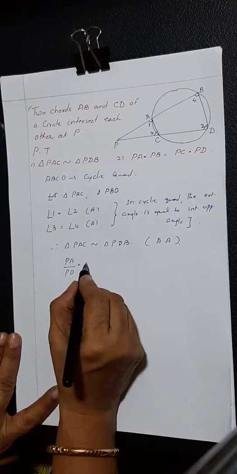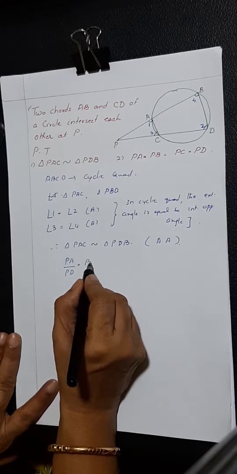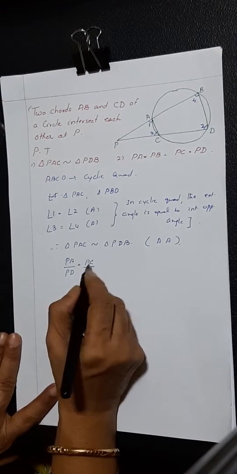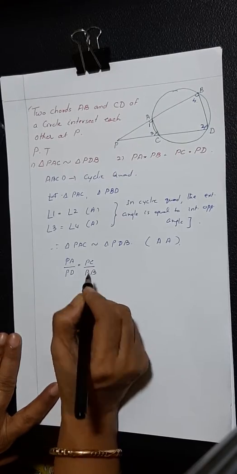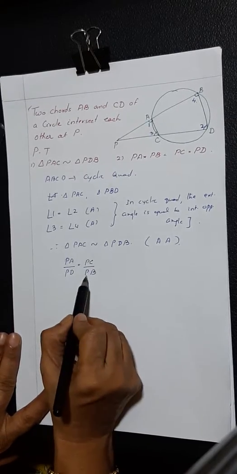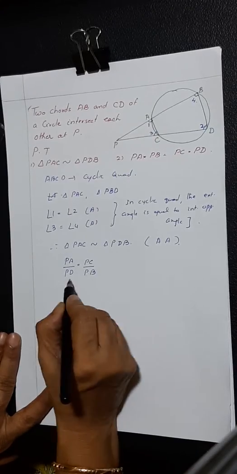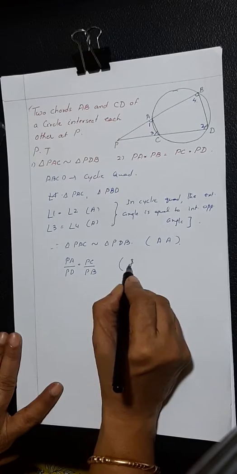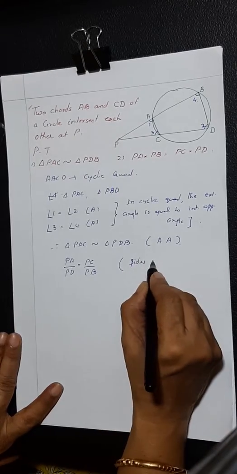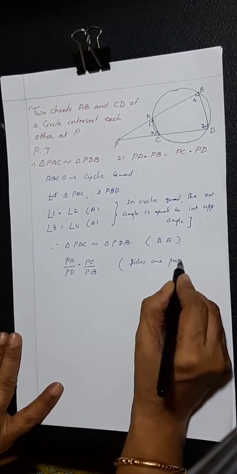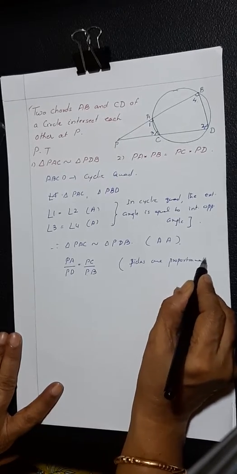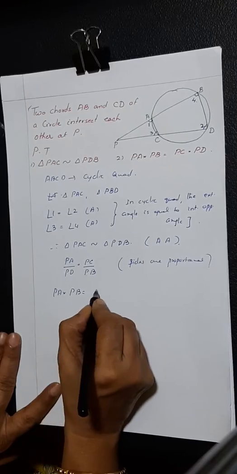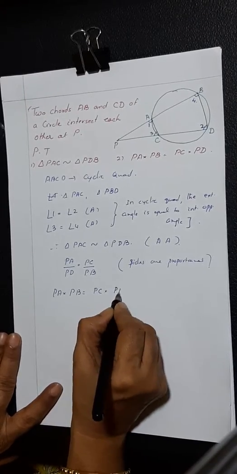PA by PD is equal to PC by PB. Sides are proportional in similar triangles. So PA into PB is equal to PC into PD.